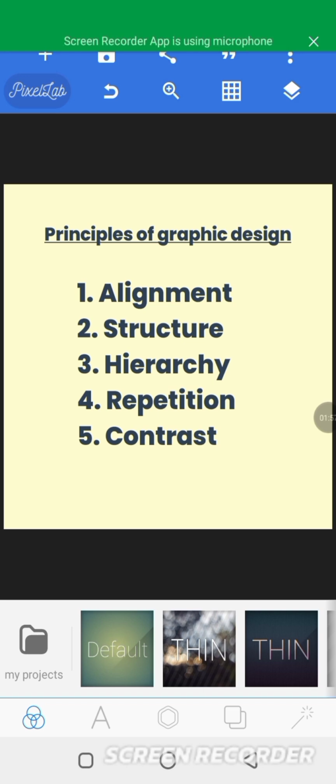I don't know if you are getting my point at this junction, because alignment has to do with your text only, but this structure has to do with your text and your images.